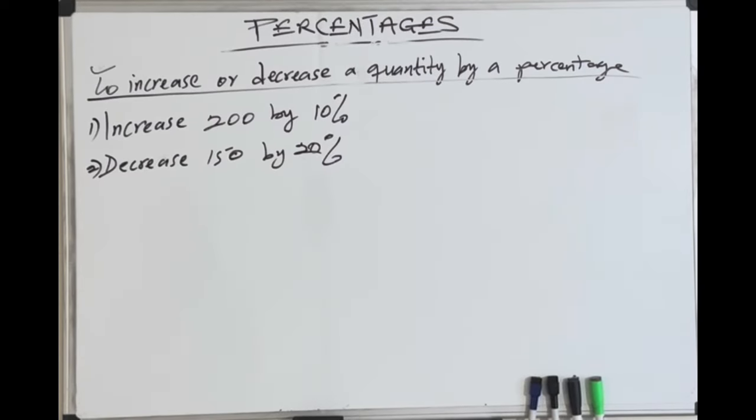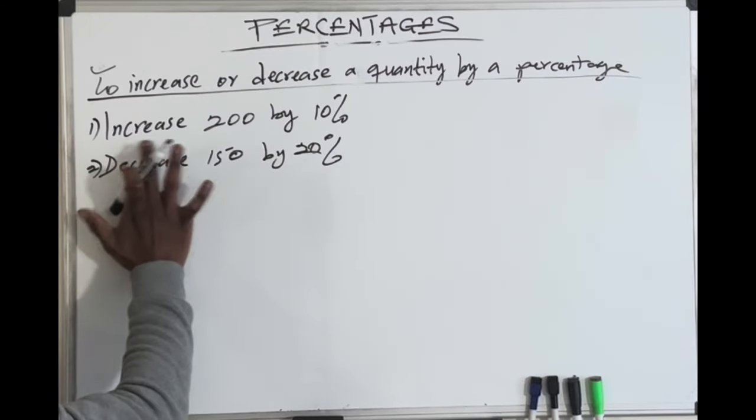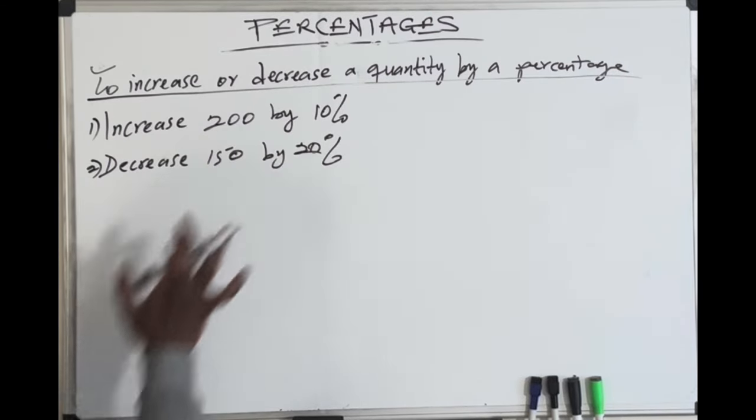Another subtopic: to increase or decrease a quantity by a percentage. We work out the actual increase and then add it to the original quantity in the case of increase, or work out the actual decrease and then subtract it from the original quantity to give the new quantity in the case of decrease. So increase means addition, decrease means subtraction. So we have to increase 200 by 10%.